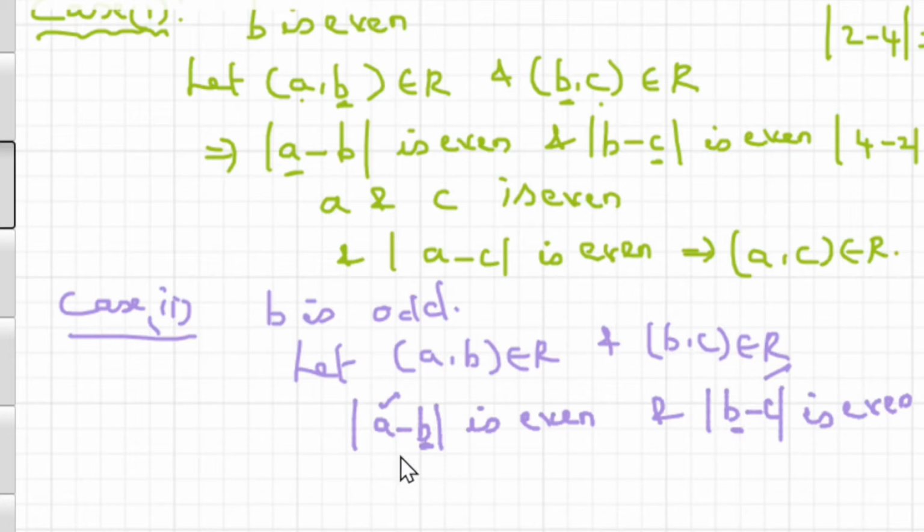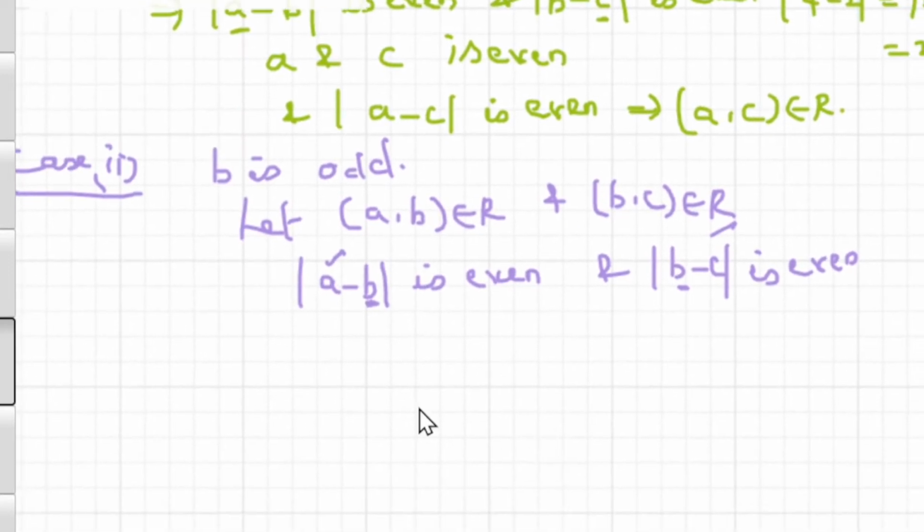An even difference with an odd will give only an odd number, so it is clear A and C both must be odd. Then only we'll have the difference of that as even. This implies A and C are odd.